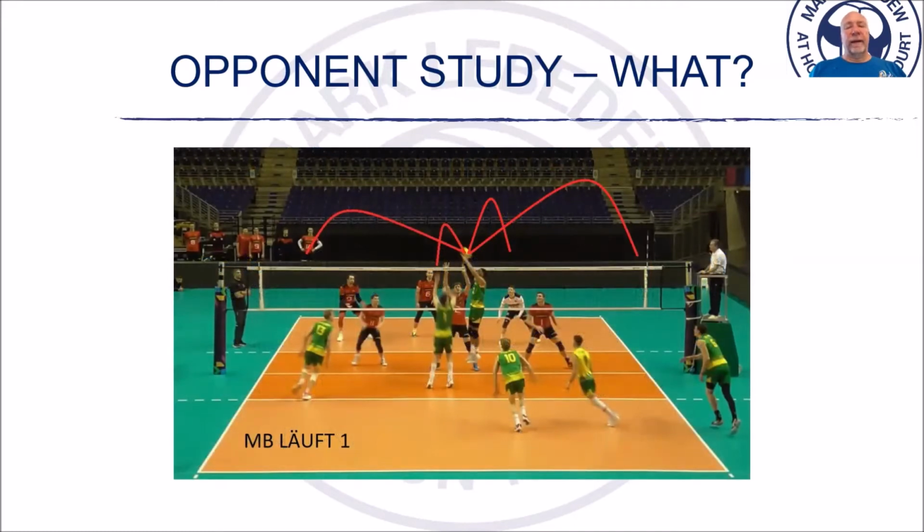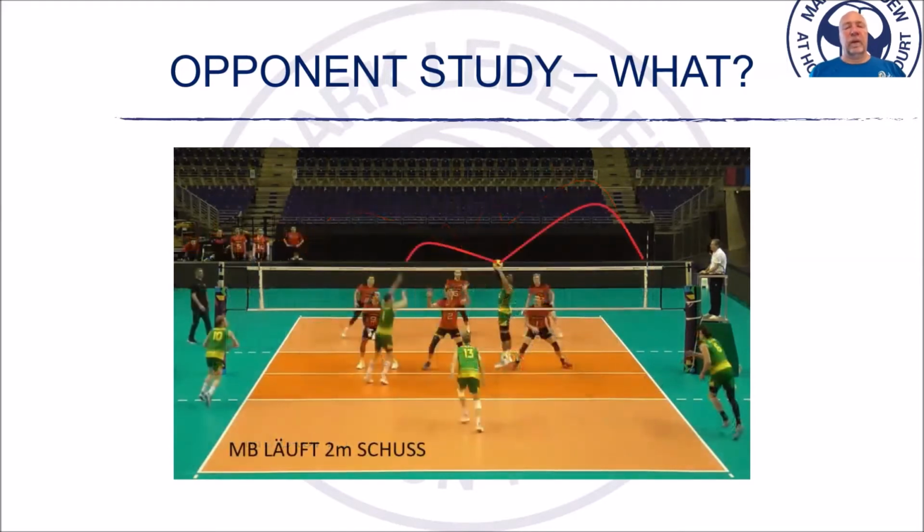So we have the first tempo close to the net, and this can be basically anywhere, perhaps a little bit more pipe and position 4. When the first tempo is running away from the setter, we can see that already in this picture, the opponent middle blocker is a little bit past the center of the court, which means there's almost certainly going to be a hole in the block for the opposite.